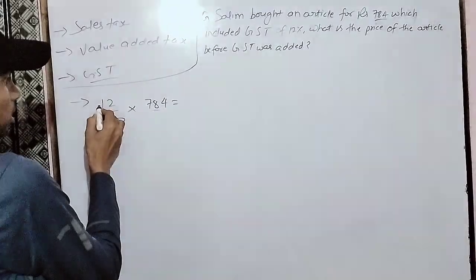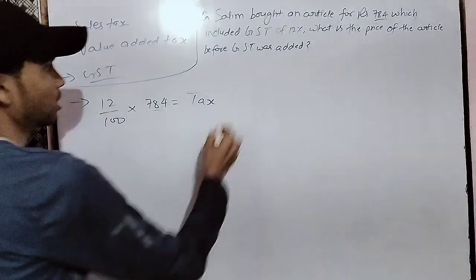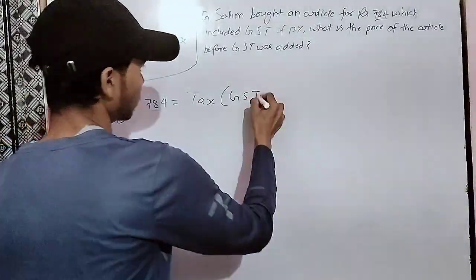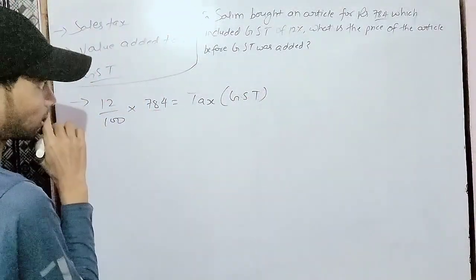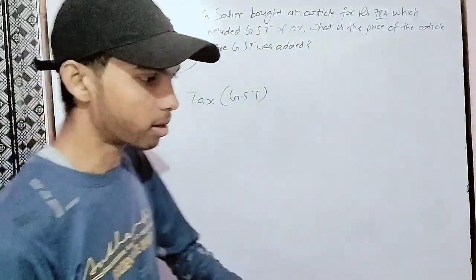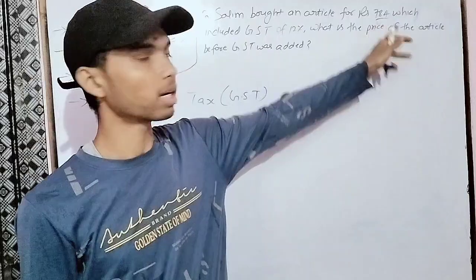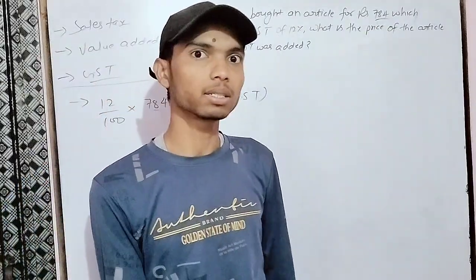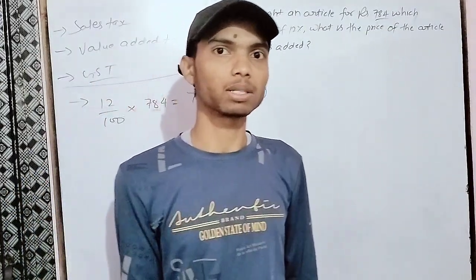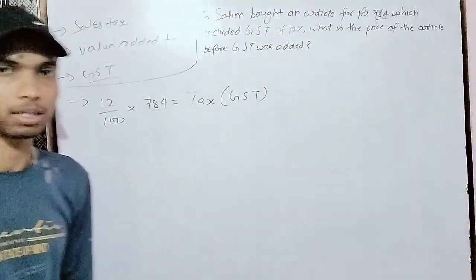Now this together is what? Tax, which is GST. Clear? Tax which means final price. This is the final price, and minus what? Sale price. Minus sale price.